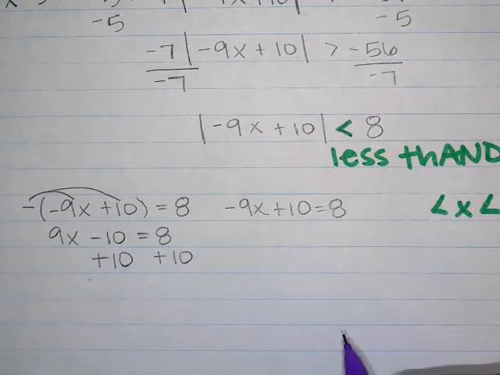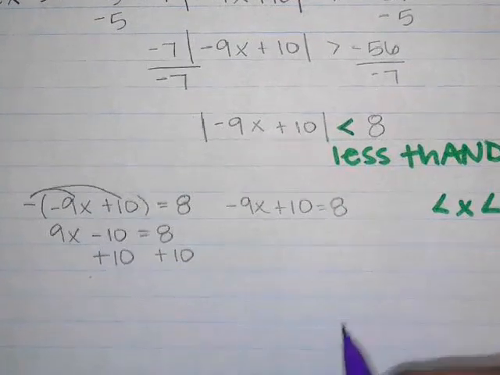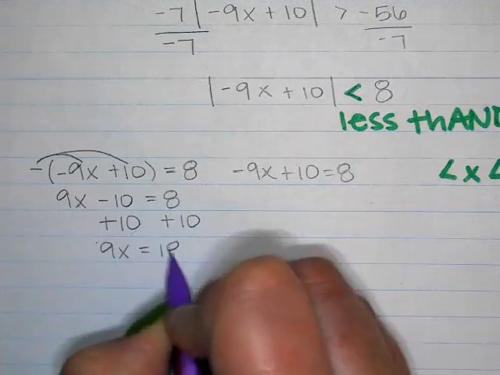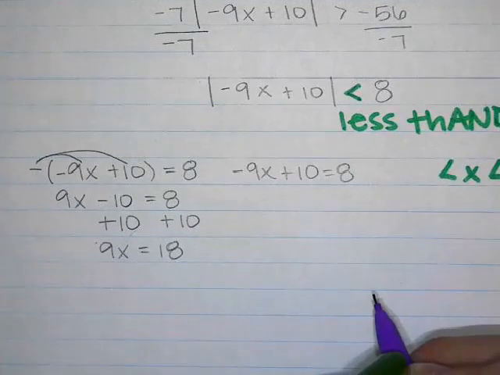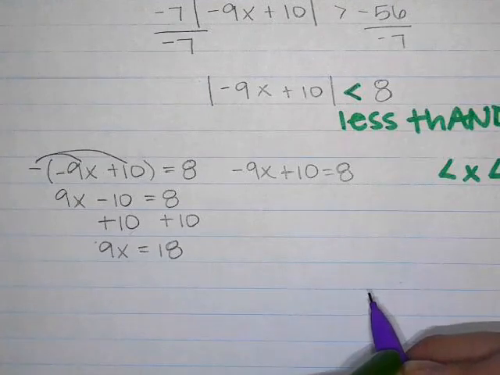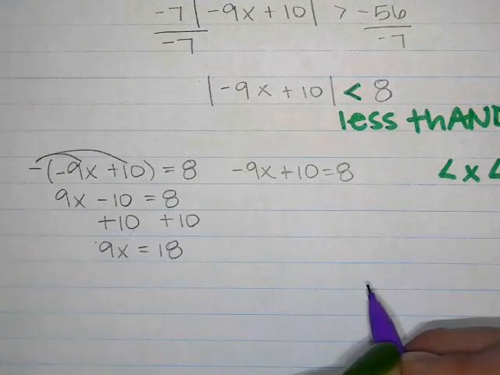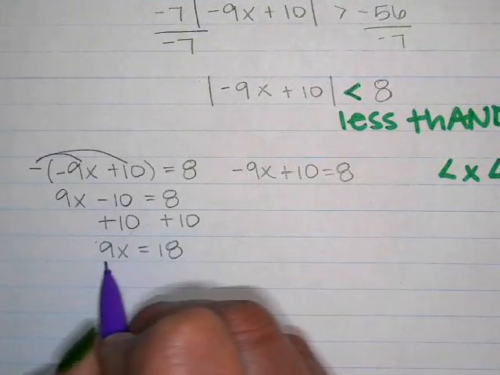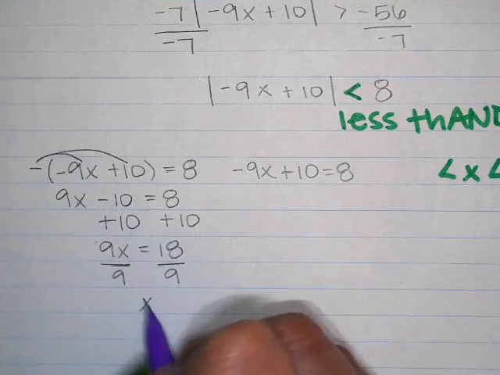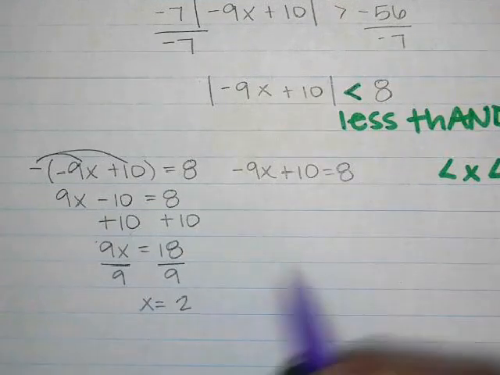And we get 9x equals 18. And so what does x equal? x equals 2. And then do I automatically just go and put a 2 in here? No. What should I do?